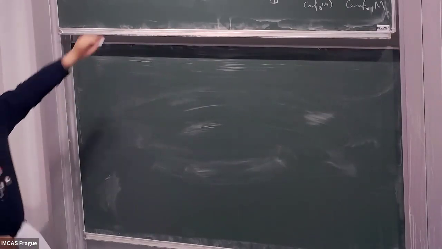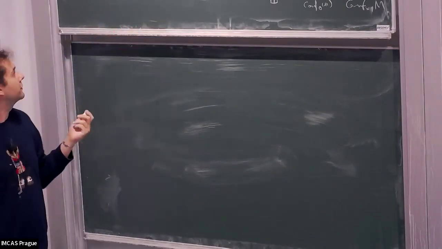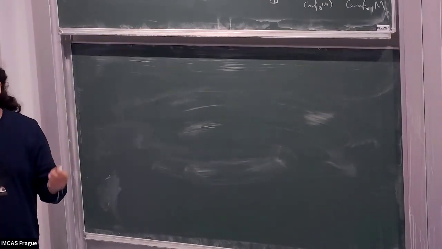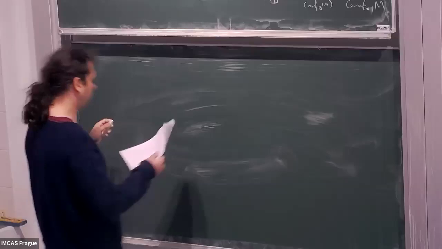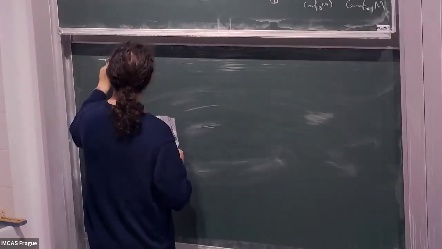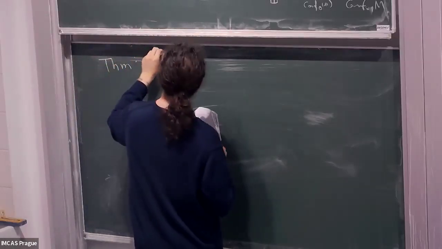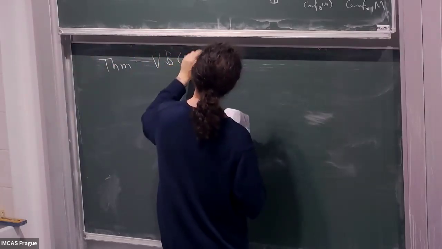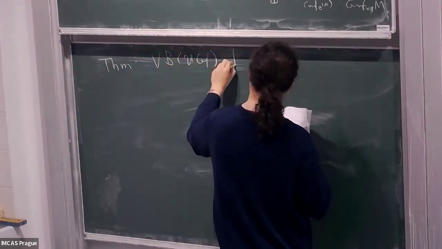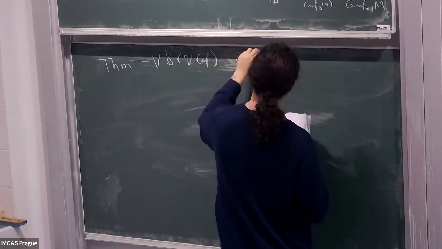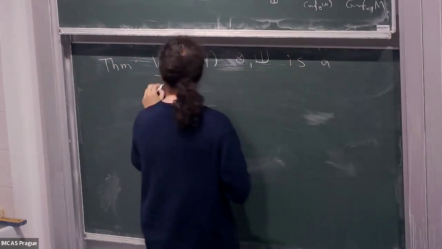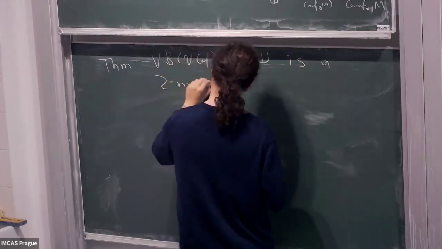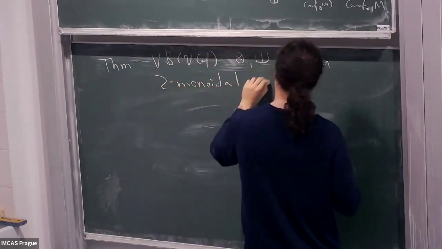So now on this VB uconf, we have two monoidal structures. We also have the usual monoidal structure, and it turns out that those two play well together. So, theorem: VB uconf with tensor and shuffle is a two monoidal category.